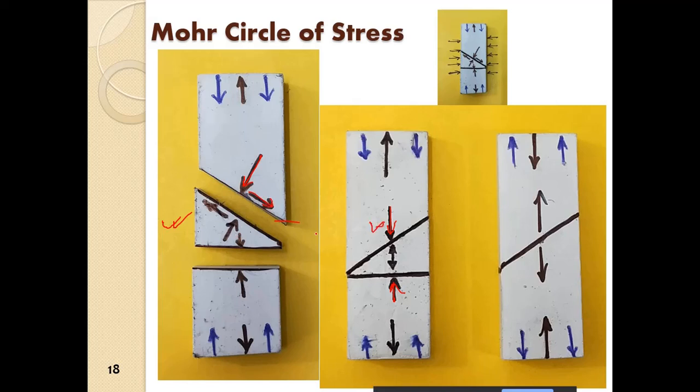This force need not be resolved because this plane is normal. So this stress is already acting normal to this plane, so there are no shear stresses on this plane. So this is a principal plane. Of course, major or minor we will see later.